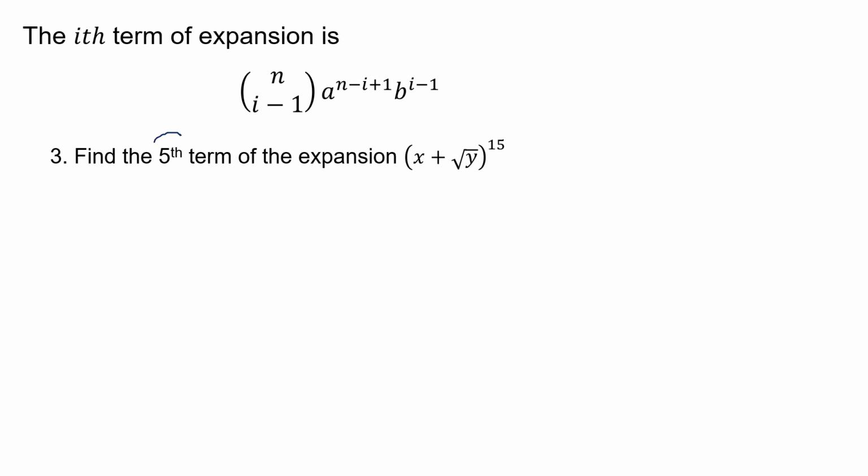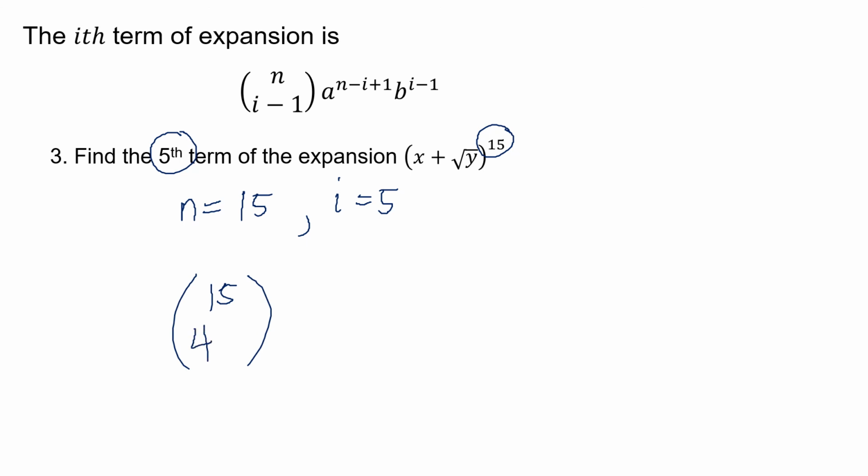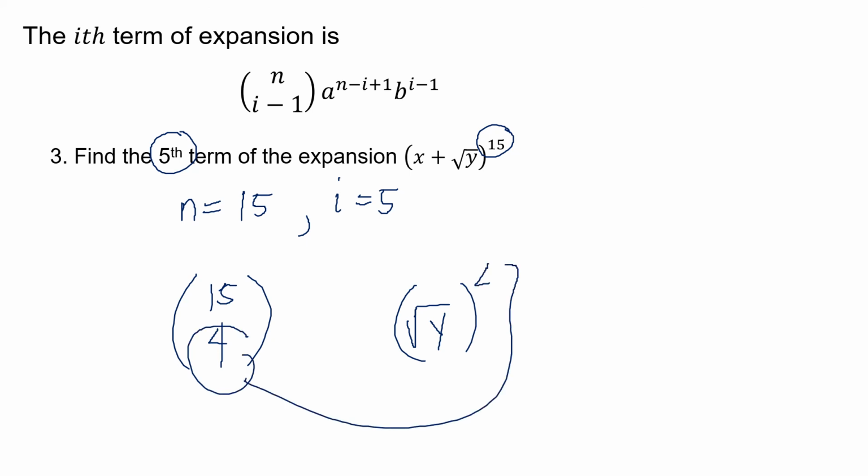So you can just get the same. So in this example, we're looking for the fifth term, and this is 15. So ibig sabihin, n is equal to 15 with i that is equal to 5. So this will be 15 taken 5 minus 1 is simply 4. So 15 taken 4 at a time. So dahil 4 yan, ibig sabihin yung square root of y na ito is immediately raised to 4. This is x.